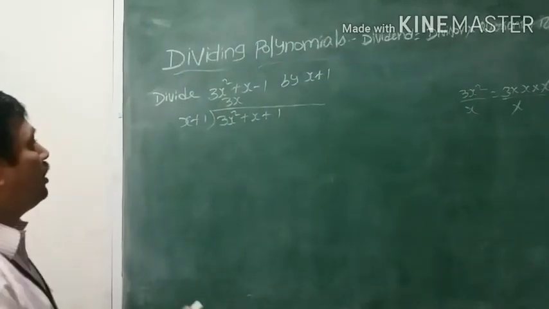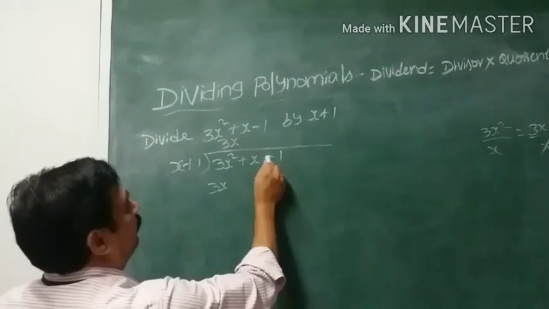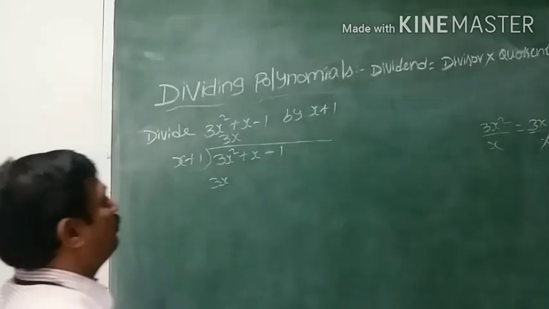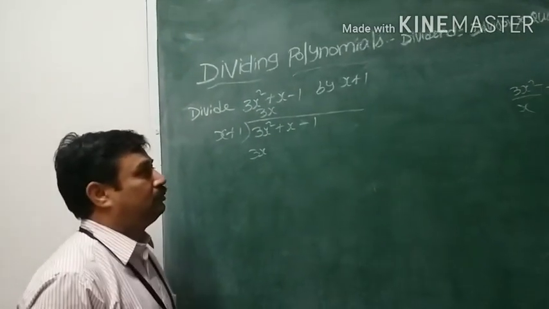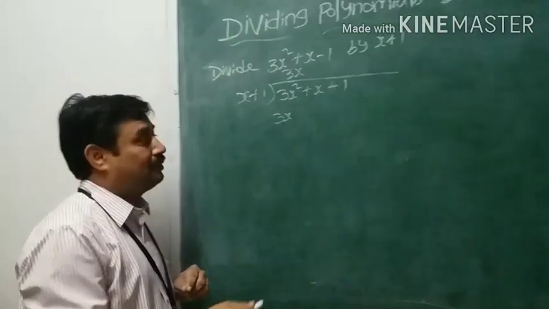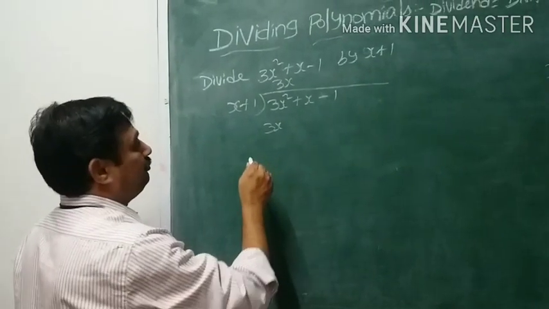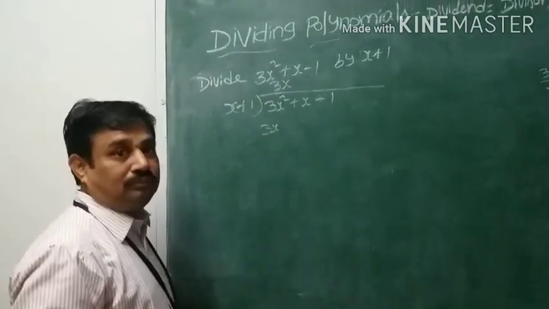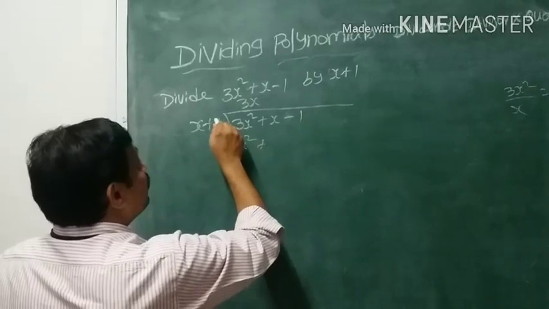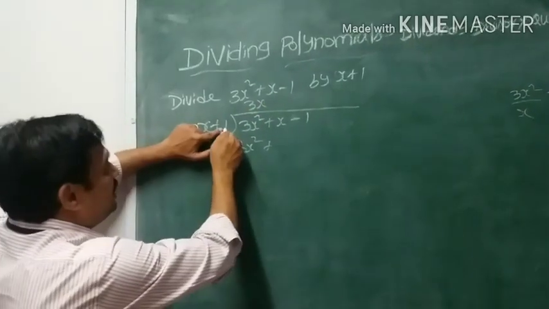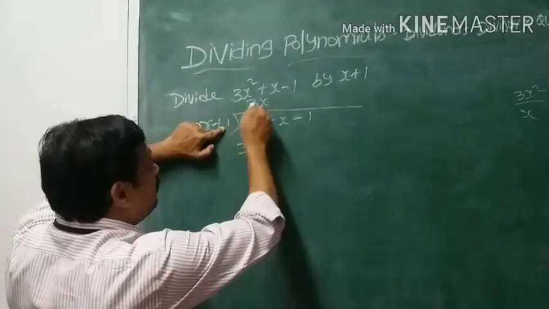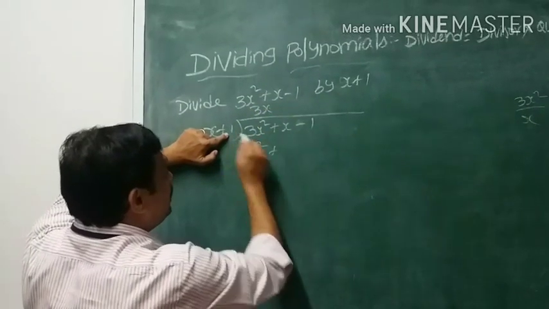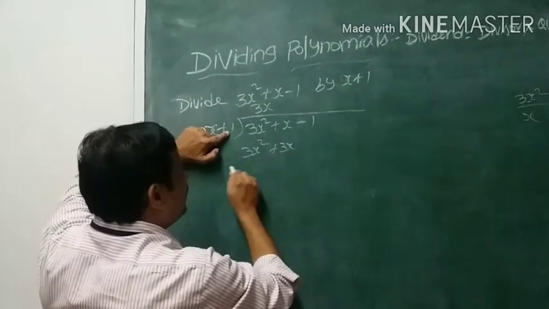Now multiply with this one: 3x square plus 1 into 3x. With 1 we have to multiply this one also. So 1 into 3x we can write 3x.